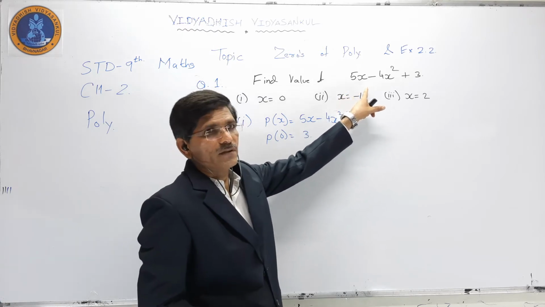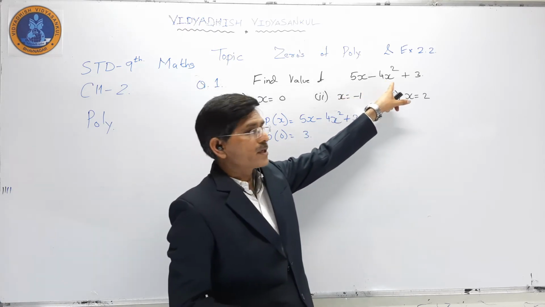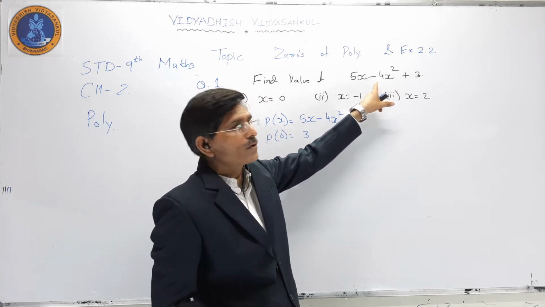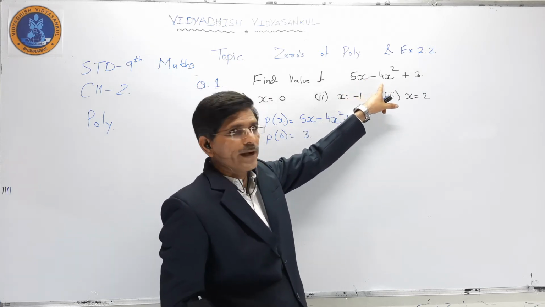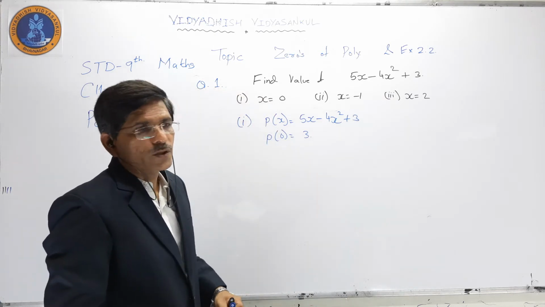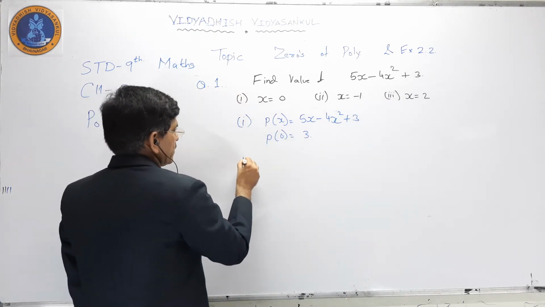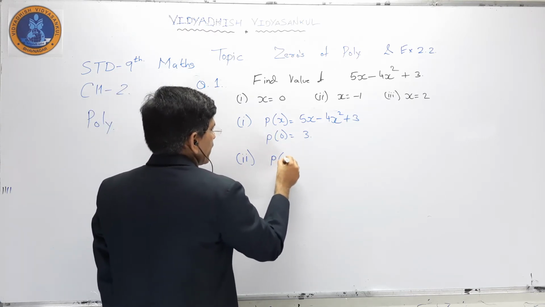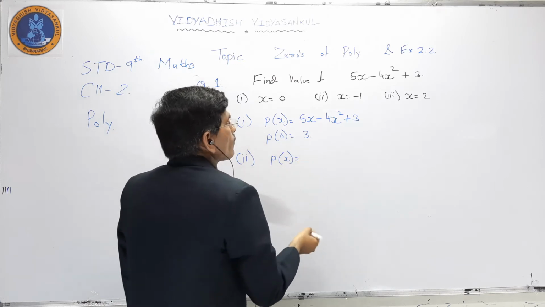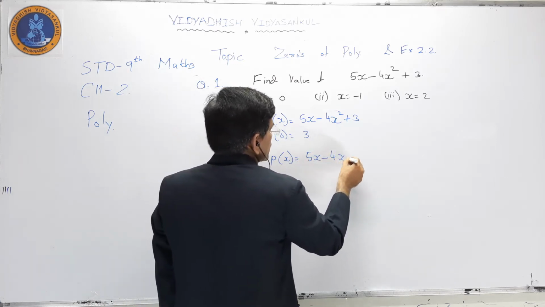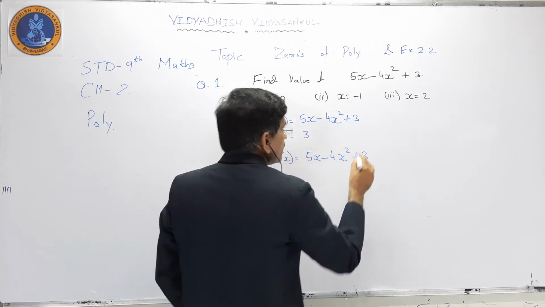If we go for minus 1: 5 into minus 1 is minus 5, minus 1 square is 1, into minus 4. So minus 5 minus 4 is minus 9, plus 3. Again I write p of x is 5x minus 4x square plus 3.